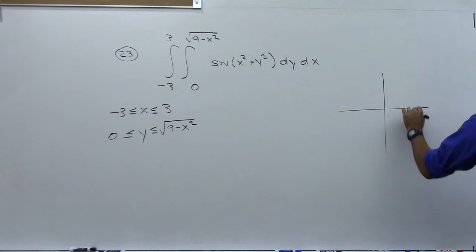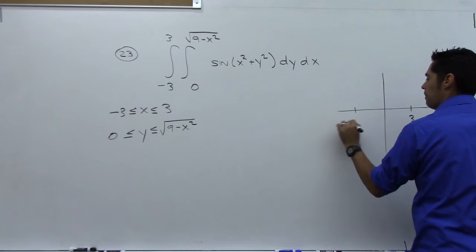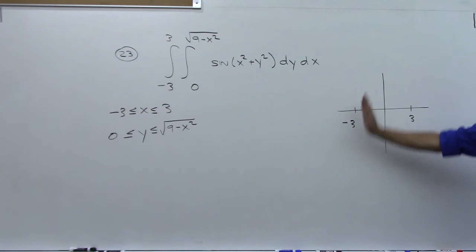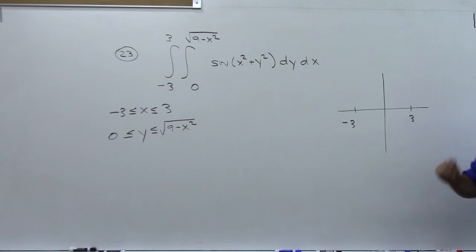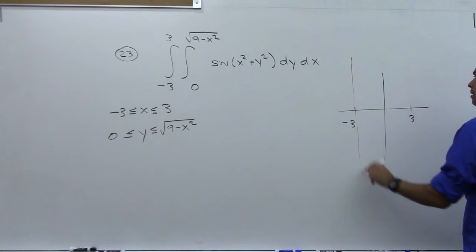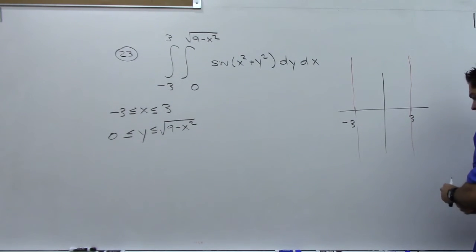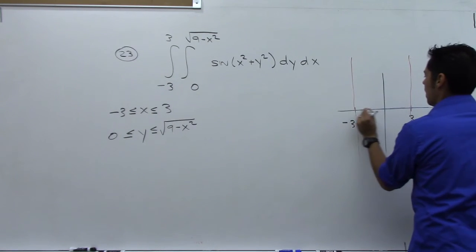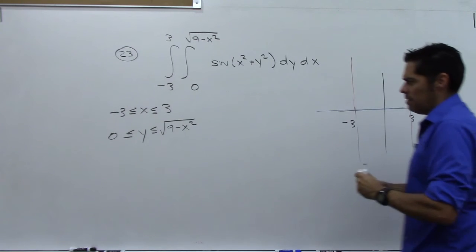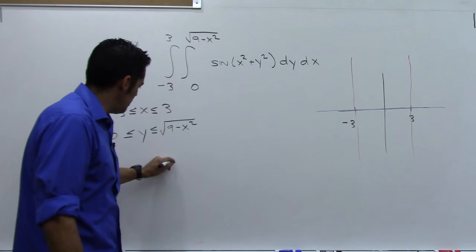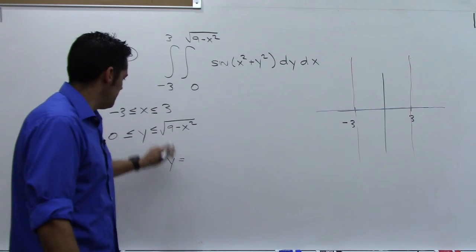So x between 3 and negative 3, that's pretty obvious what that is. Vertical lines here, all the points in here, but my y values have to be between 0, which is the x-axis, and this. So what if we set y equal to that?